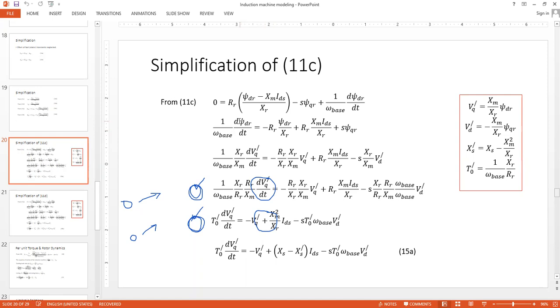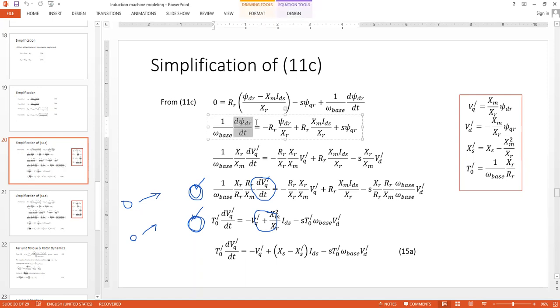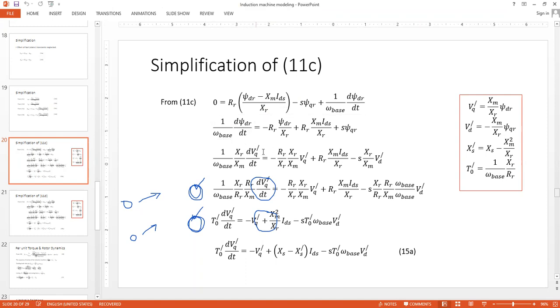There's no problem even if you consider psi dr as your state variable. Just for the simplicity, we can introduce some voltage terms here instead of flux linkages, but there is no harm. We can also go with this. There's no harm with that.